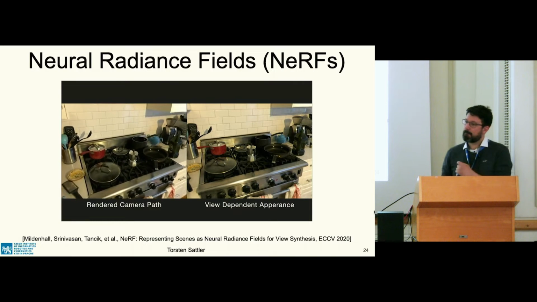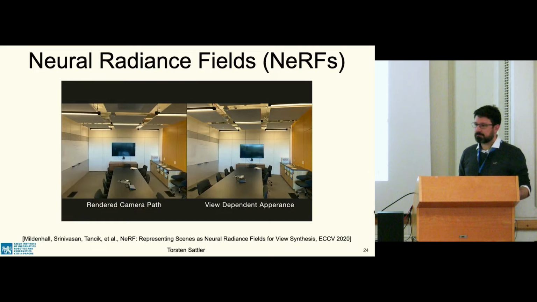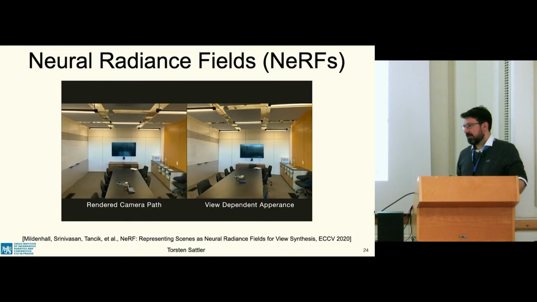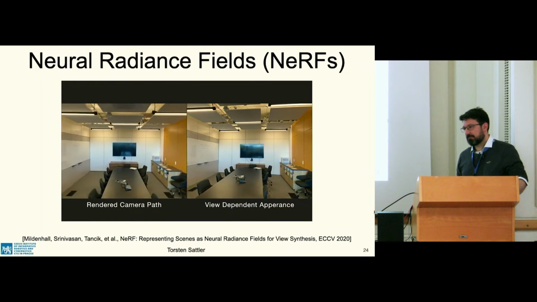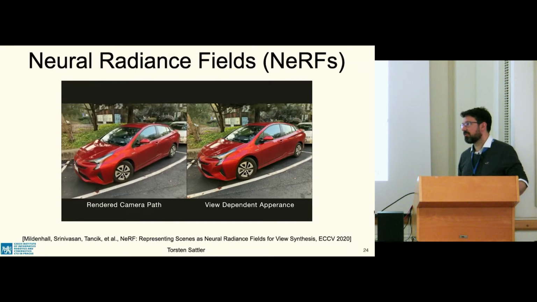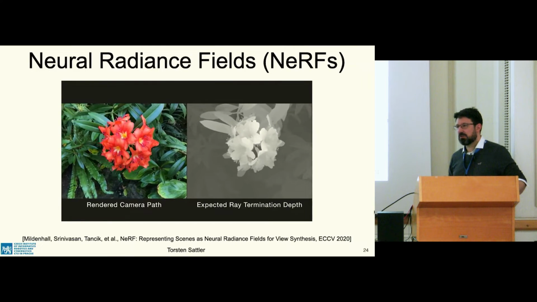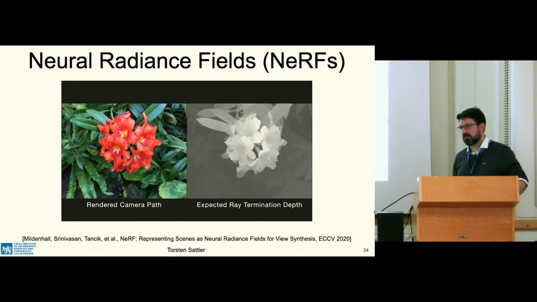Yeah? What exactly represents the density? So if you would have solid objects, ideally you have 0 everywhere where there's free space, and then some high value on the surface and inside the object.